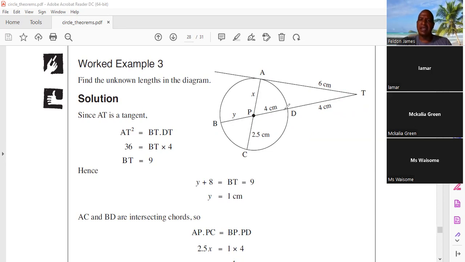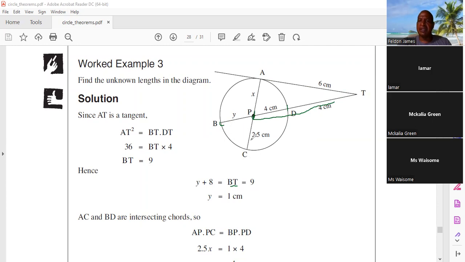But now they're saying that from here to here is 4. They said BT is 9. They say Y plus 8. Here is Y and here is 8. So they are actually saying that this is 4 plus 4. So Y is equal to 1.